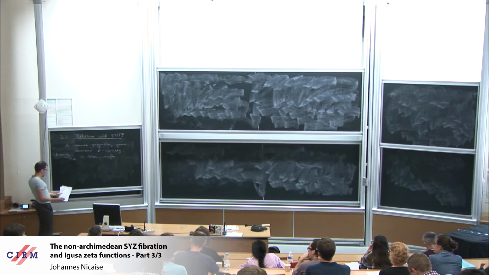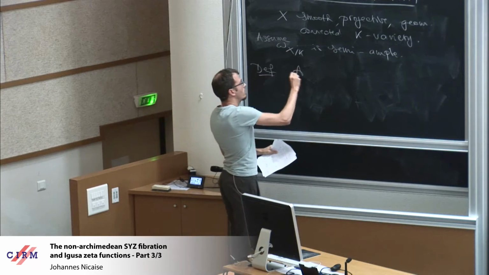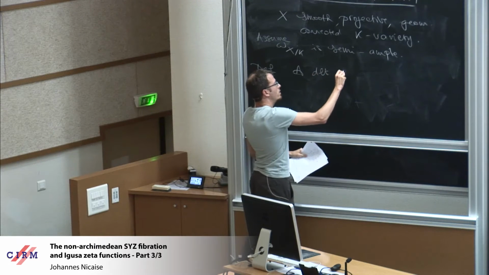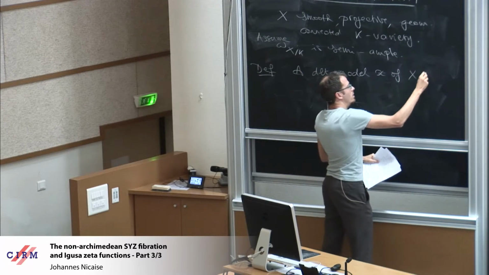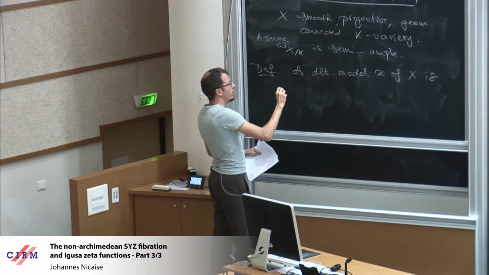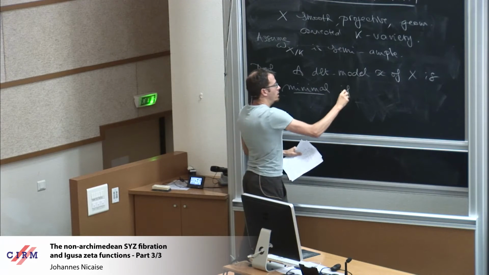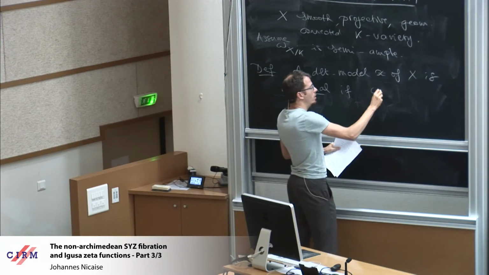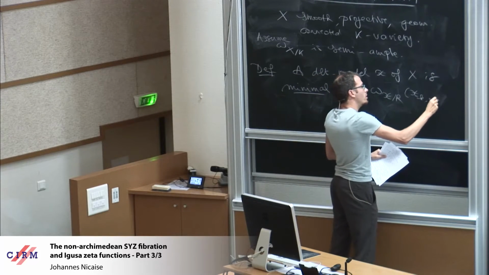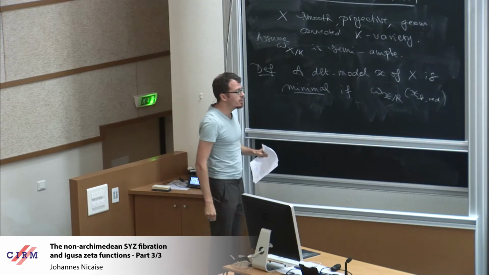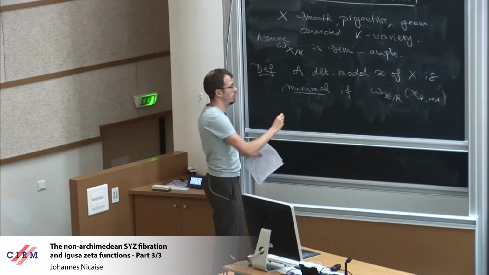So let me first recall the definition. A DLT model of X is called minimal if the relative canonical, well, this is not necessarily a line bundle, but at least it's a Q line bundle, so it still makes sense to say that it's semi-ample.